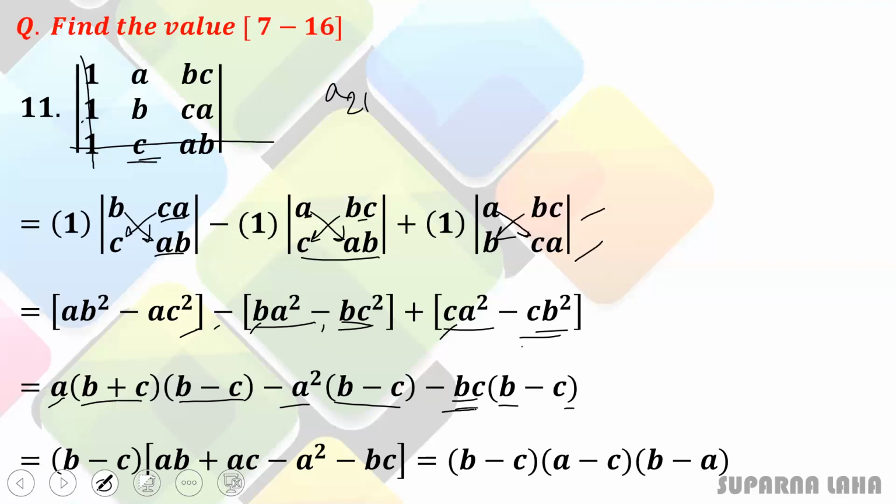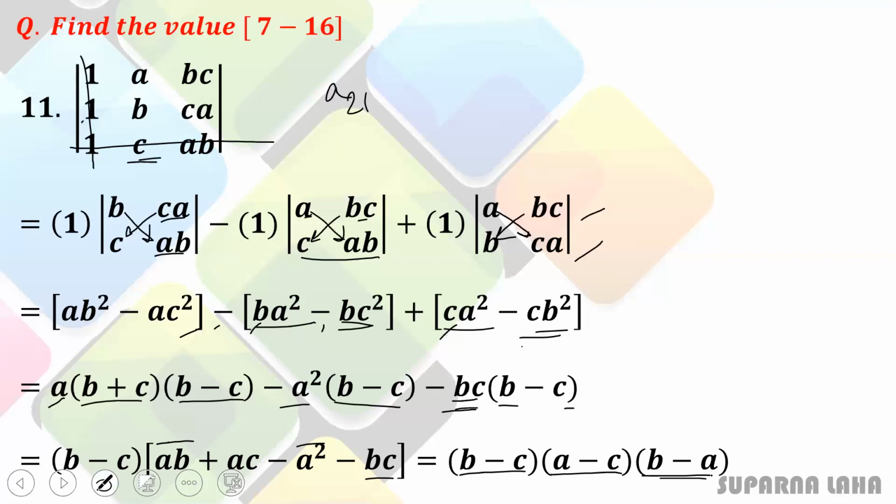Then again take common from these two terms AB and A square minus A square. So take common A, and you will find B minus A, and same for this term. So ultimately simplify it. You will find the factors B minus C, A minus C and B minus A.